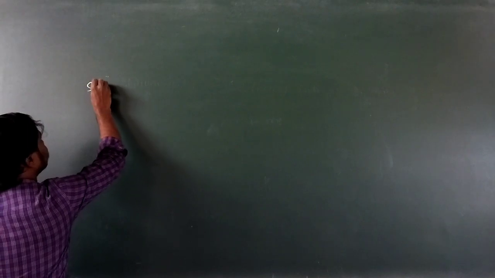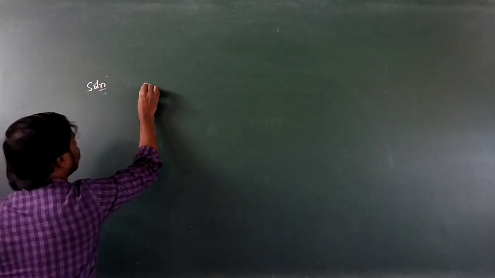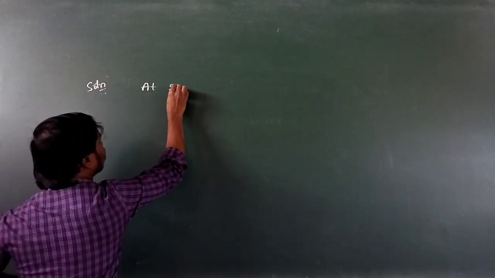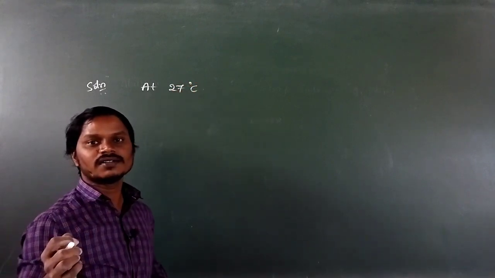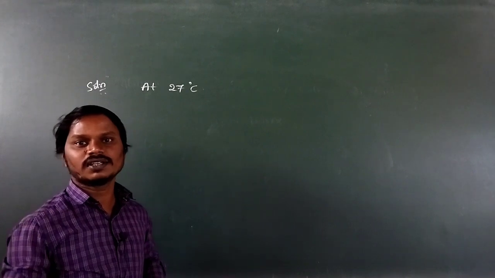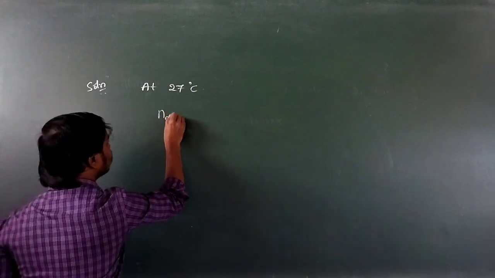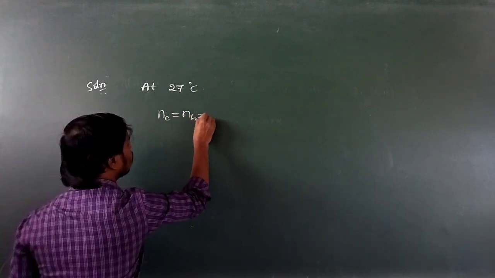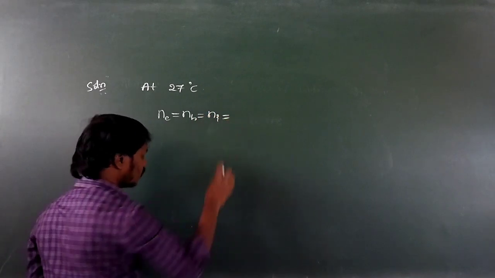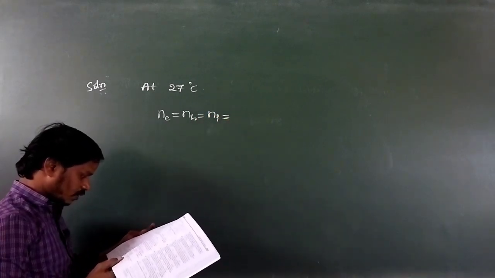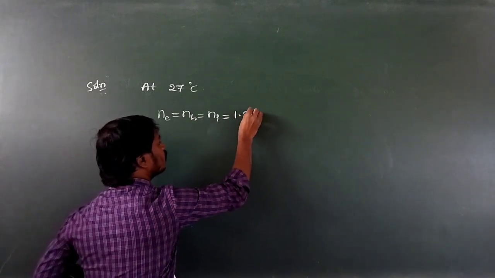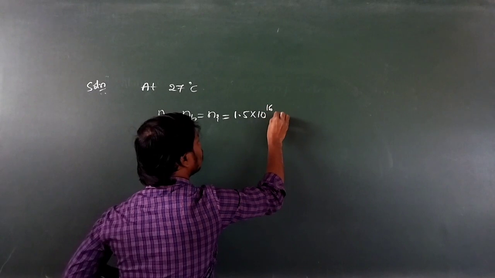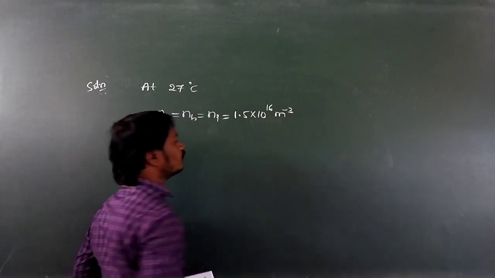Okay, see here, solution. At 27 degrees Celsius, the number density of electrons and the number density of holes are both equal, means Ne is equal to NH, that is equal to Ni, and it is 1.5 into 10 to the power of 16 per meter cube.